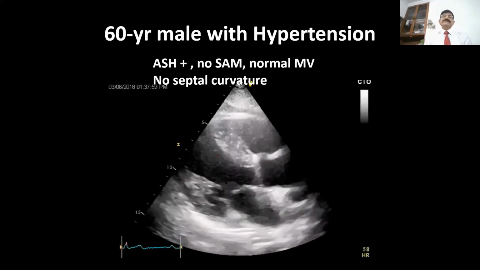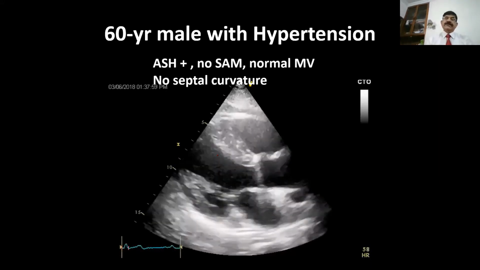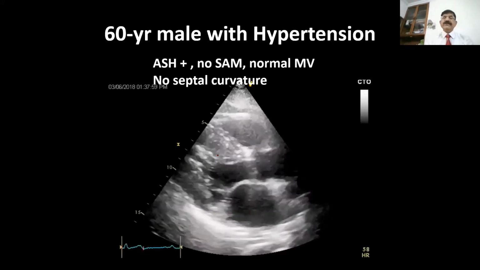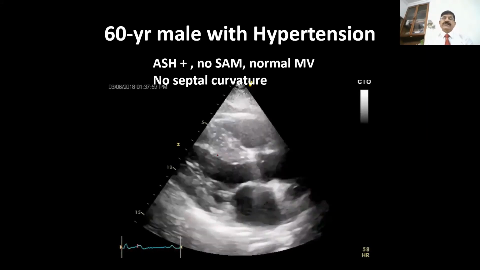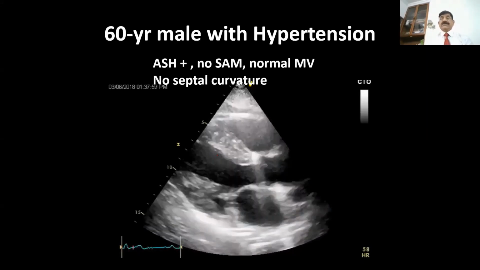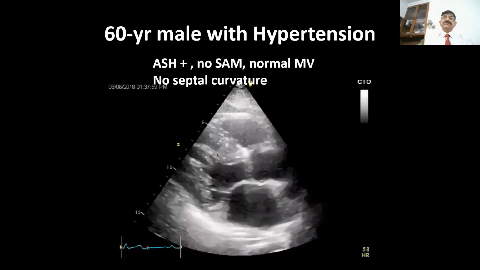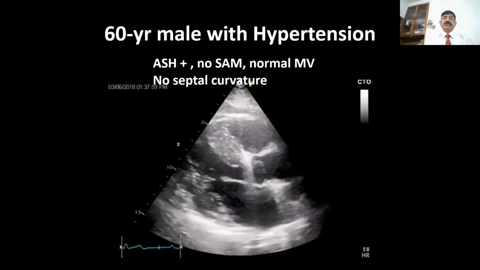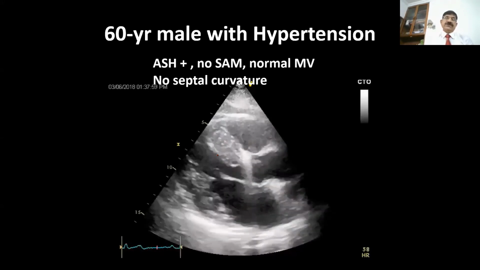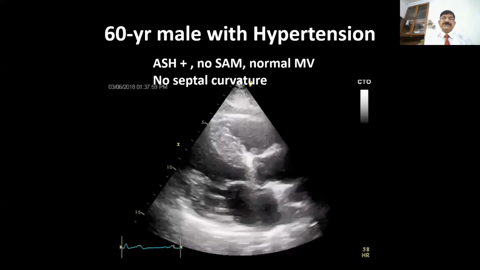So here is an example of an individual with hypertension and left ventricle hypertrophy. Although there is still asymmetric septal hypertrophy, which is not uncommon in hypertension, there is no systolic anterior motion of the mitral valve, a normal mitral valve, and normal septal curvature. You'll call it neutral septal curvature.